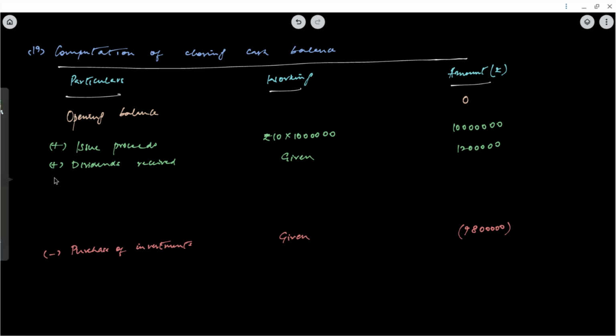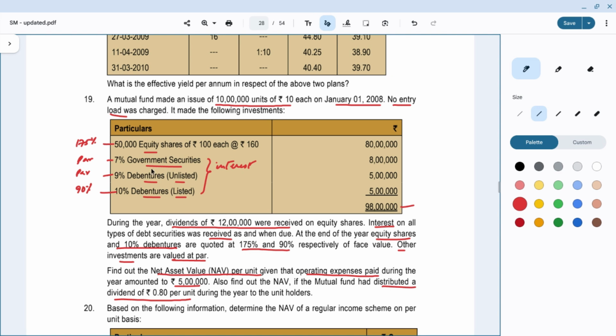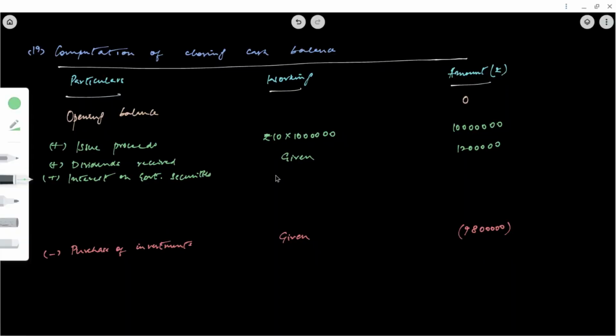Next, interest on government securities. It is 7% interest rate. So 7% into rupees 8 lakh. That comes to 56,000.